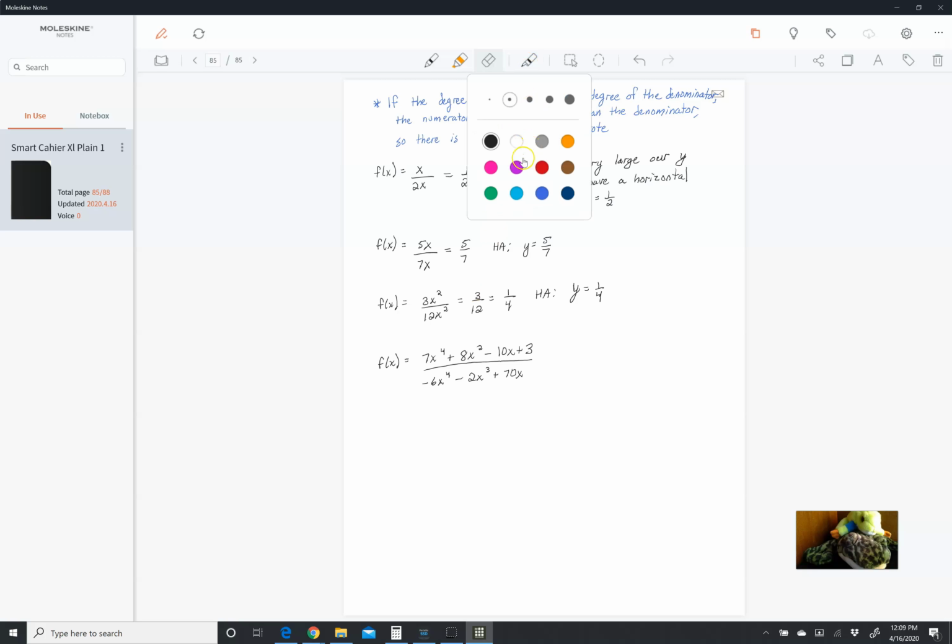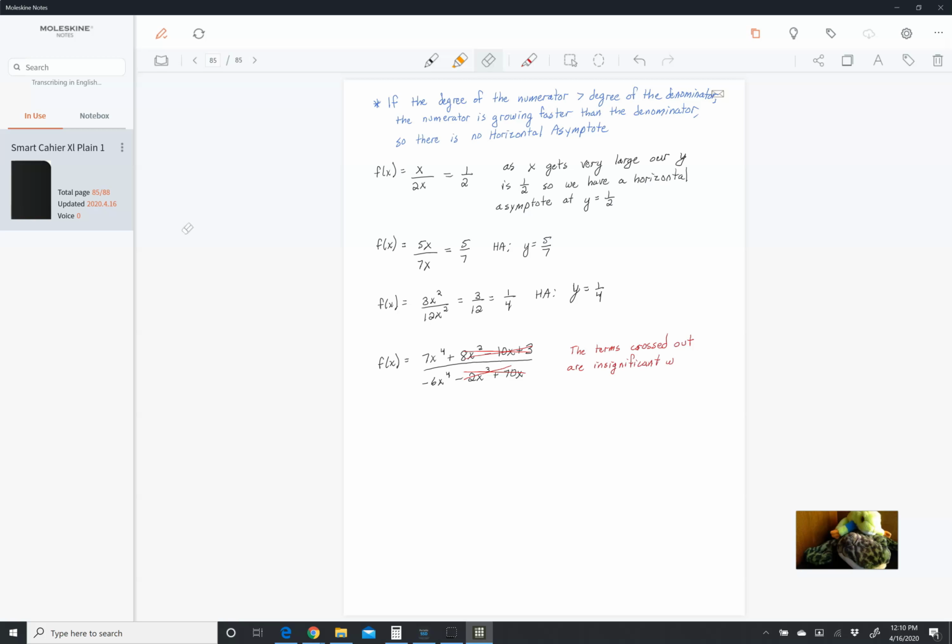These terms become insignificant. The only terms that matter are the first two. The terms that we crossed out are insignificant when x is very large, because 7x to the 4th is so much larger.